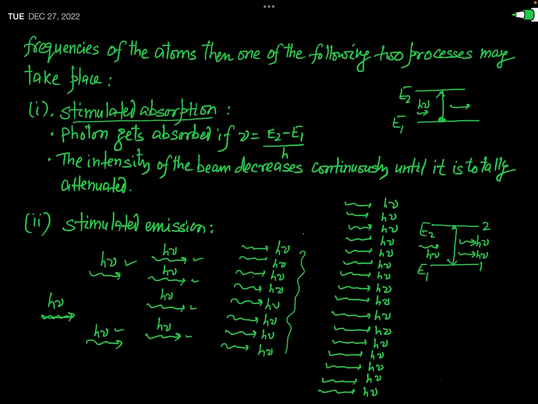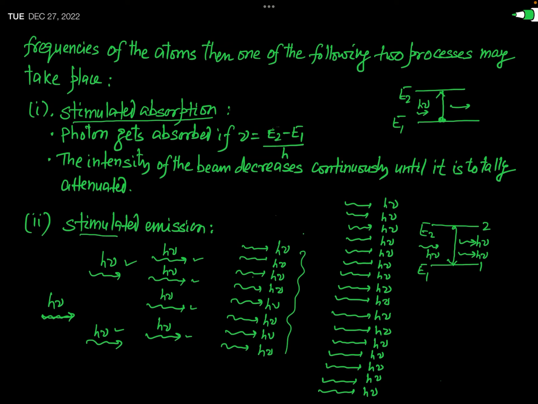So when this stimulated emission takes place, we get a highly intense beam, and that beam is called a laser beam. So what you have learned is that if you want to obtain a highly intense beam, or the laser light, definitely stimulated emission must dominate over stimulated absorption.